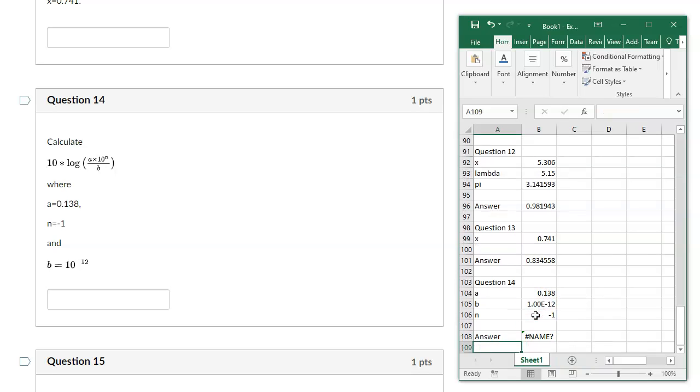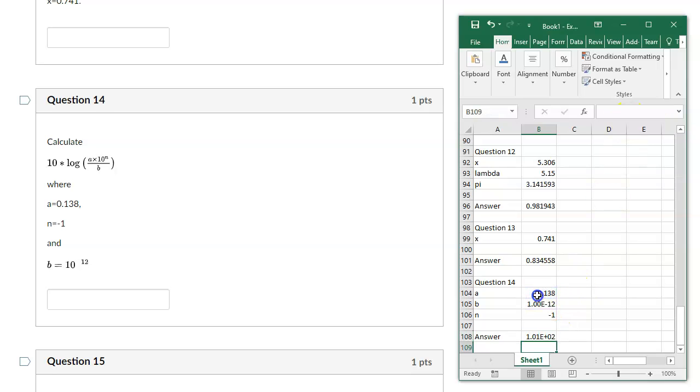And what's this going to be? Log, what is it not like? Oh, I used A. Sorry, I do that.